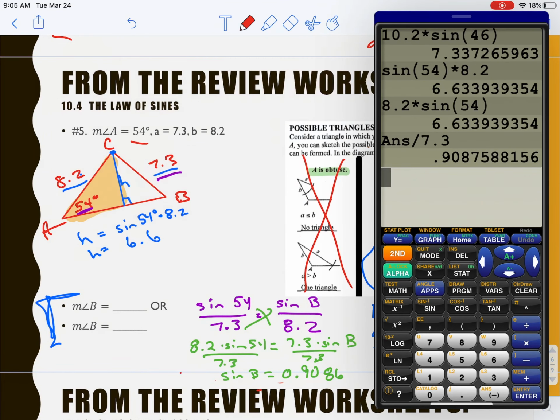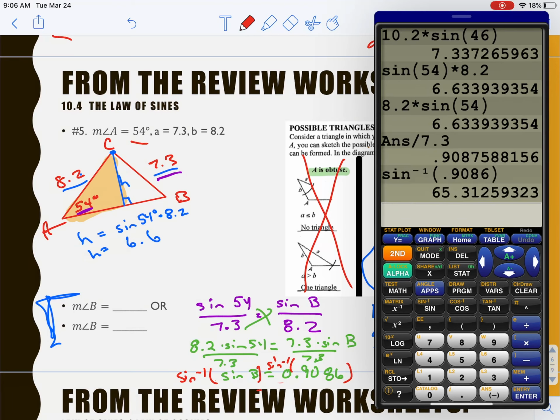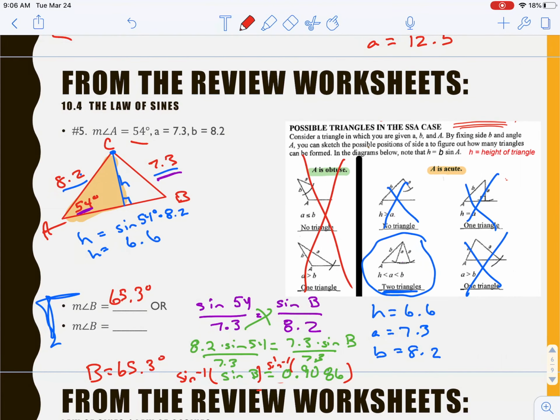And to get rid of the sine, I'll do the inverse sine of both sides. So I get that angle B is equal to 65.3 degrees. So that is my first option for what angle B is going to be.